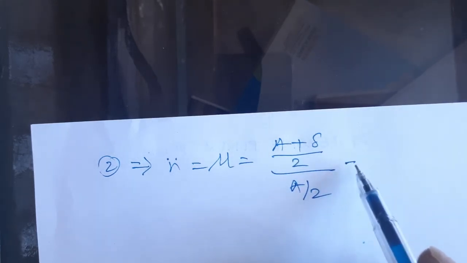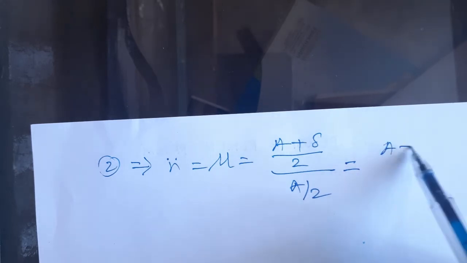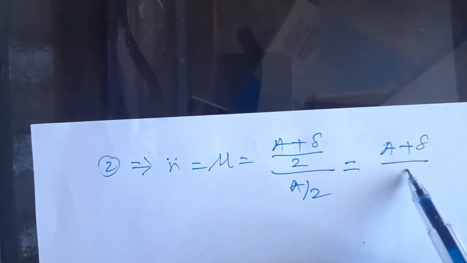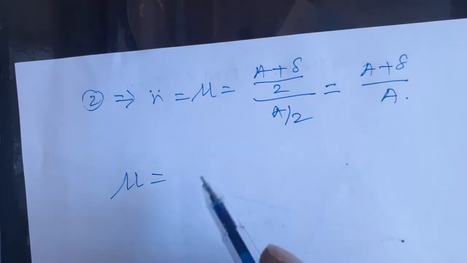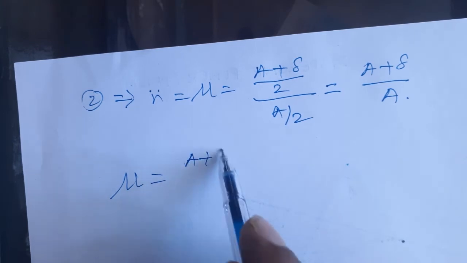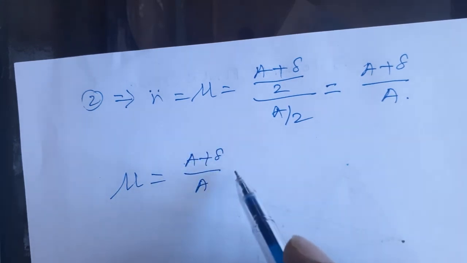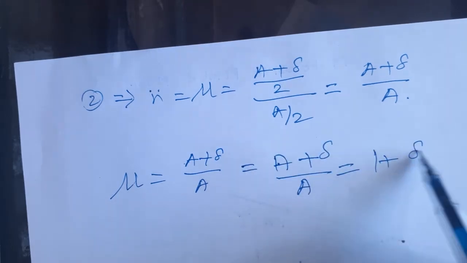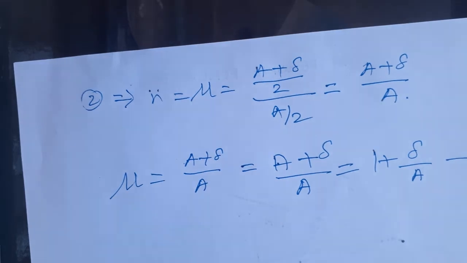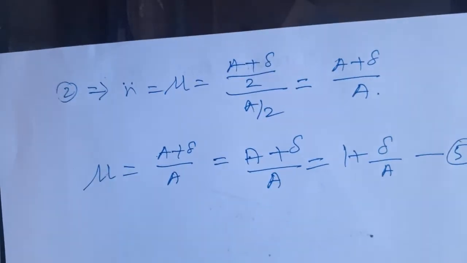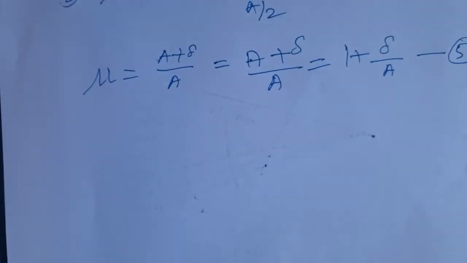Simplification of this equation leads to mu equal to (A plus delta) by A, which is further simplified into 1 plus delta by A. Take this as equation number 5.